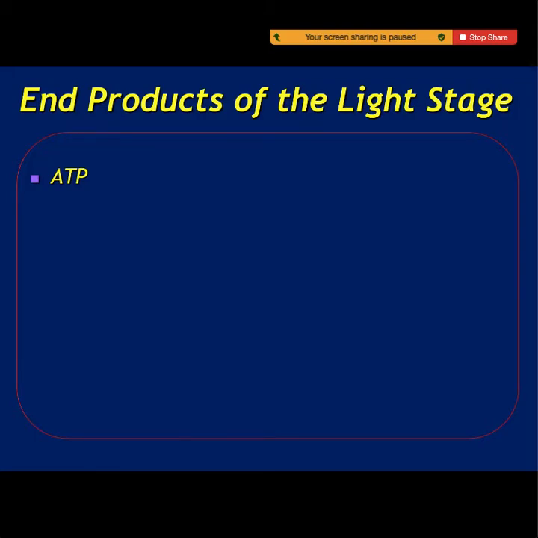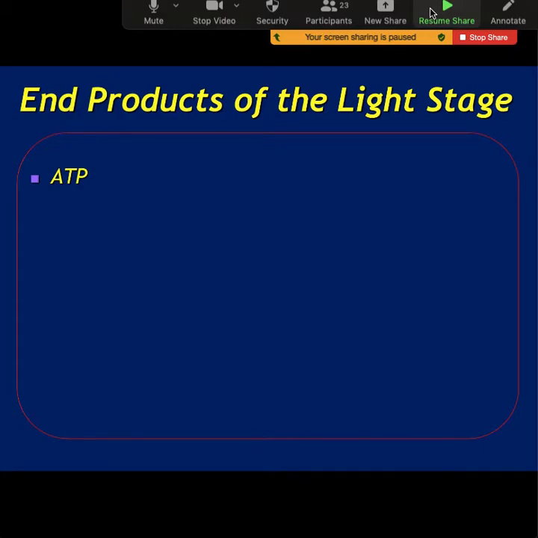Alrighty, so we have the little table at the bottom of the page on page 214. So tell me please, I have 3 end products for the light stage. What am I going to fill in? So 3 things that you make in the light stage.